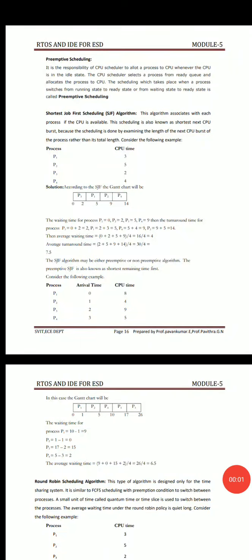Hello everyone. In this lecture, we are going to discuss primitive scheduling. The scheduling which takes place when the process switches from running state to ready state or from a waiting state to ready state is called primitive scheduling.